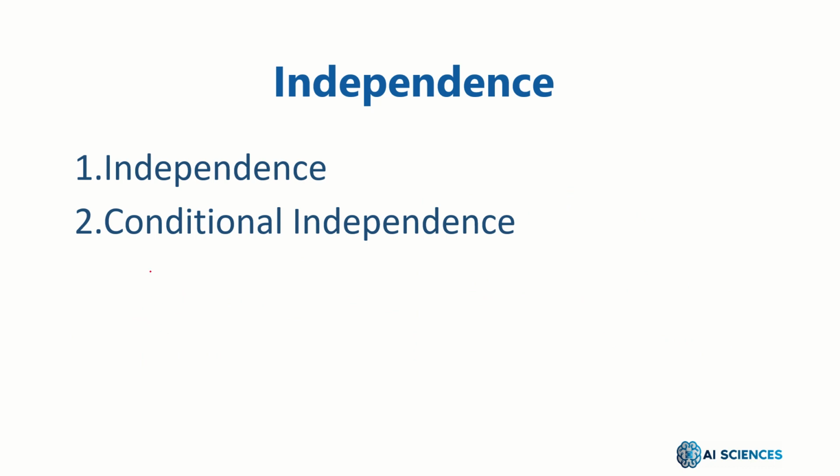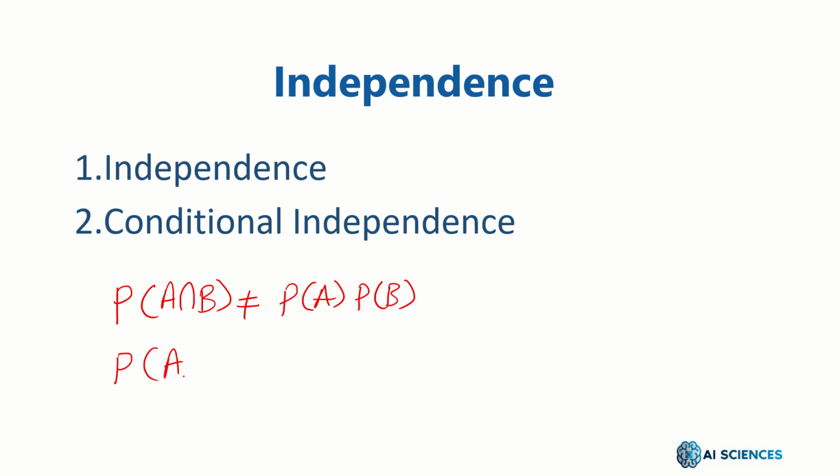Conditional independence is another concept. Maybe the events A and B are not independent, which means the probability of A intersection B is not equal to the product of their probabilities. But given information about some other event that has occurred, the two events may become independent.